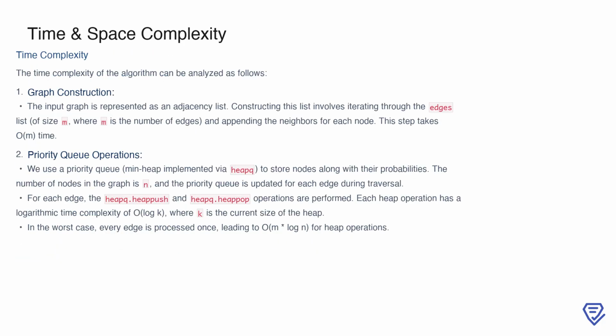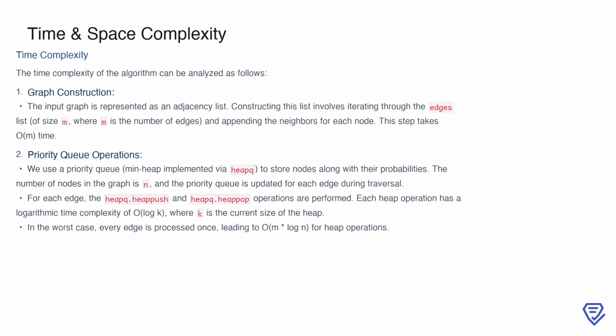To analyze the time complexity, we begin with graph construction. The graph is represented using an adjacency list, which is built by iterating through the list of edges. Since there are m edges in the graph, this step takes O(m) time. Next, we consider the priority queue operations. Here, we use a min heap, implemented with heapq, to store nodes along with their probabilities.